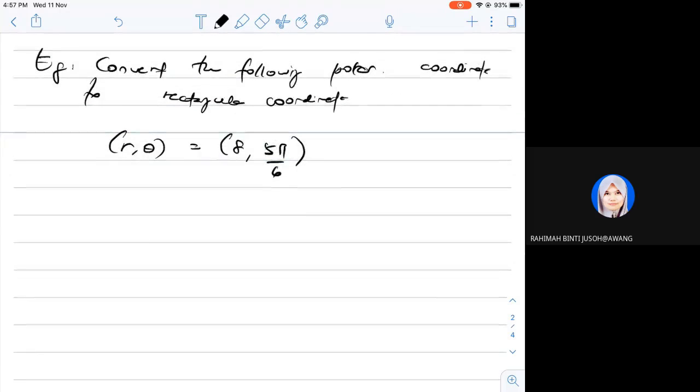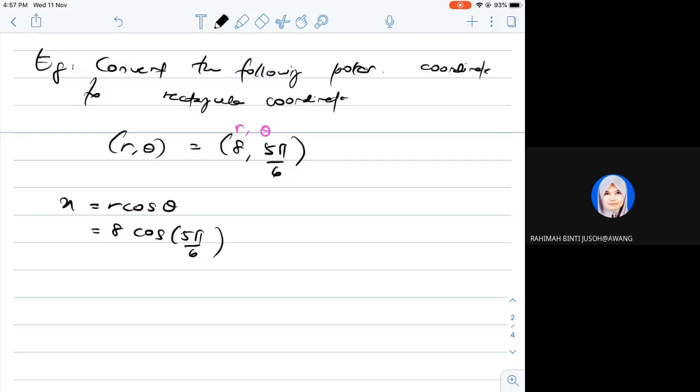So for this type of question, just straight away substitute into the formula. x equals r cos theta. So we know that this is your r and theta. Just substitute: 8 cos 5 pi over 6. Do you have your calculator, guys?